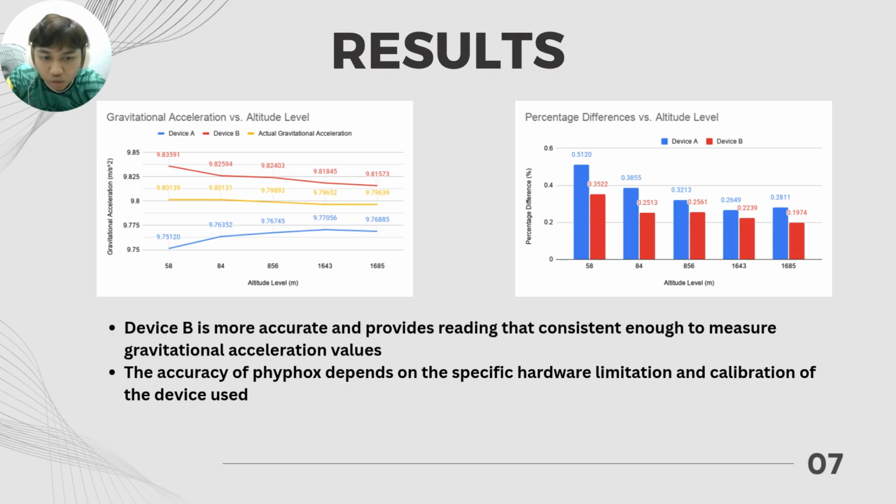This demonstrates that device B is better in accuracy and consistency for measuring gravitational acceleration. It can also be concluded that the accuracy of the measurement depends heavily on the device used, on the specific hardware limitations and calibration of the device.